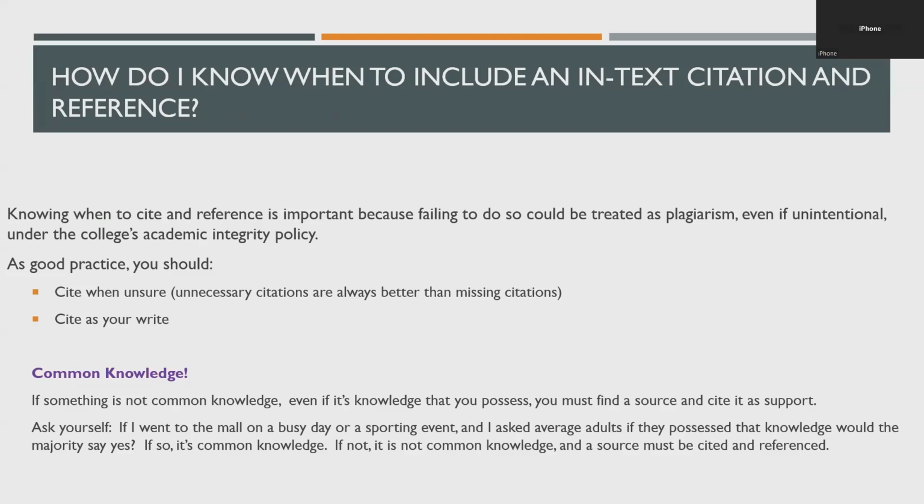There aren't really any consequences if you cite something unnecessarily. There can be pretty bad consequences if you plagiarize. So if you're not sure, if you feel like it could go either way, just be safe and cite it.